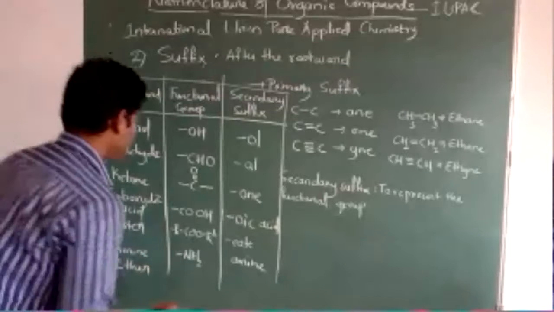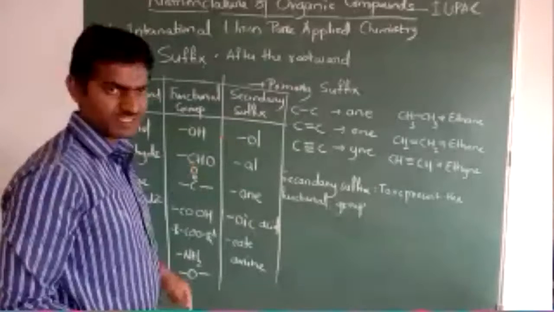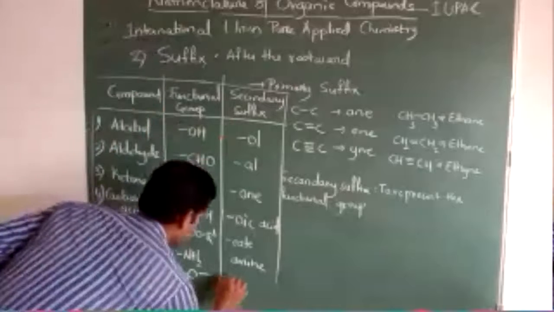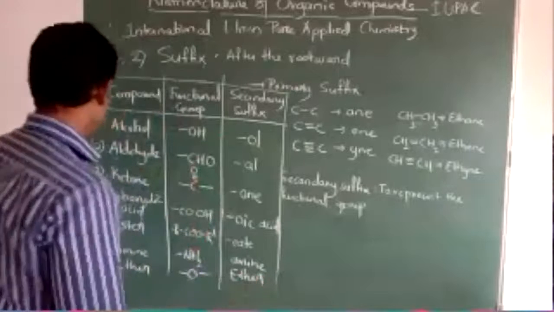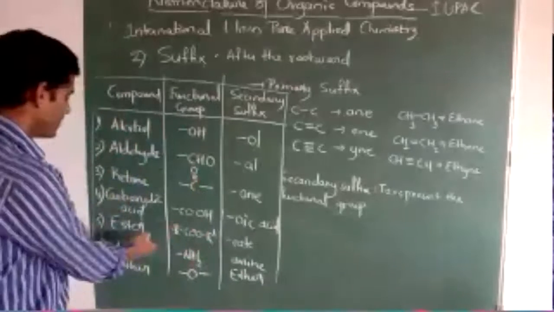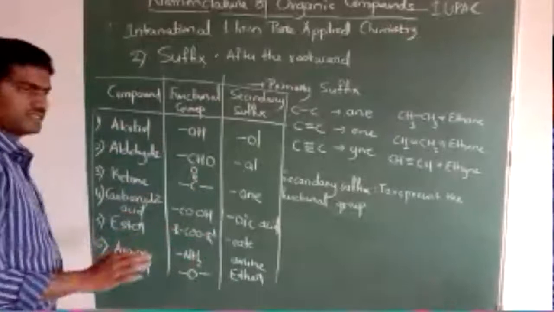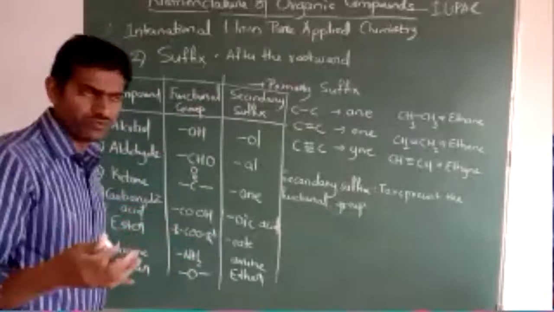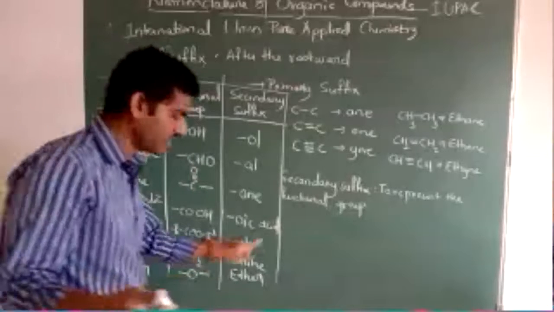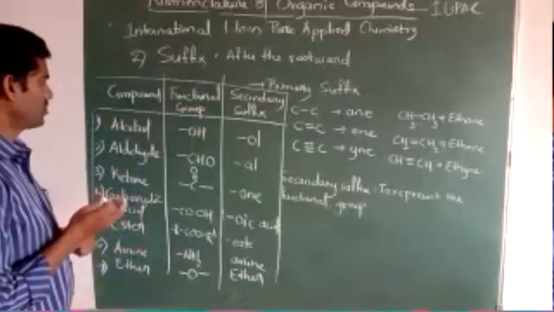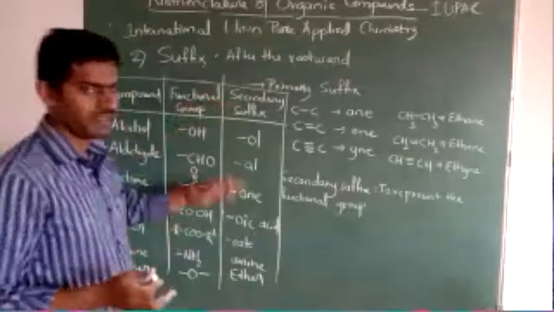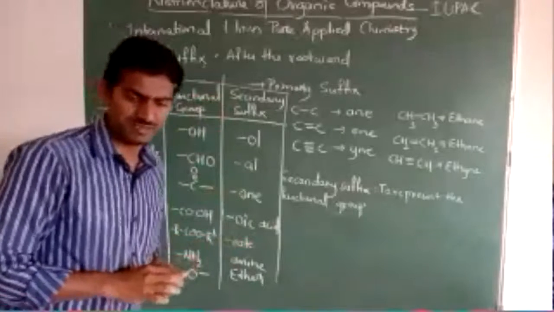The functional group for ether is O, and the secondary suffix for ether is ether only. So remember all of them, including amide, CONH2, where we get amide. In total there are 8 compounds, 8 functional groups and 8 secondary suffixes. Is that clear?